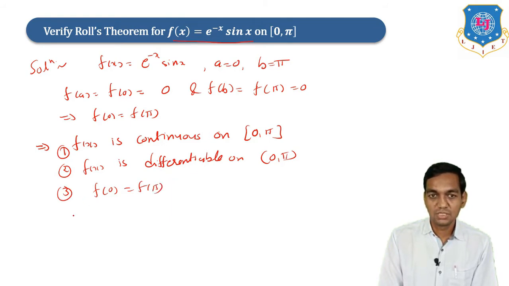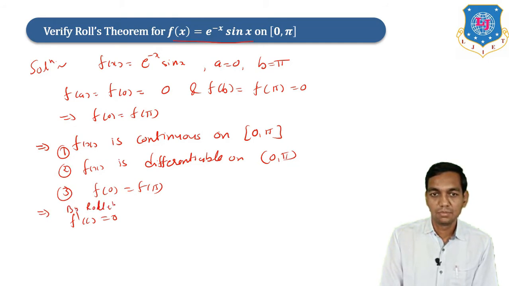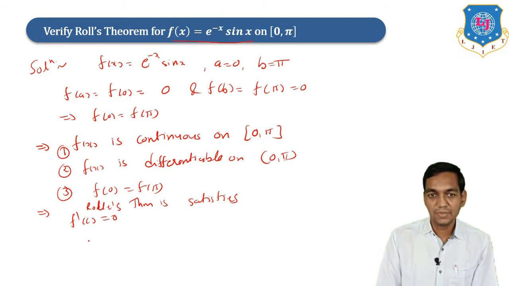Now, Rolle's theorem is satisfied, that means we have f'(c) equal to 0. Therefore, by Rolle's theorem, f'(c) is equal to 0. Correct?